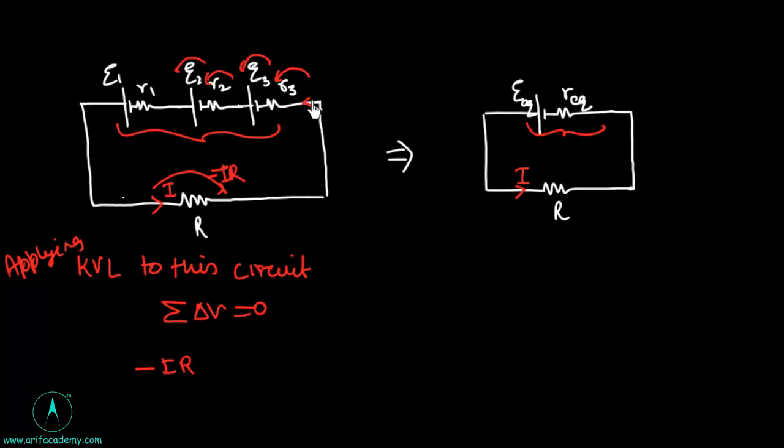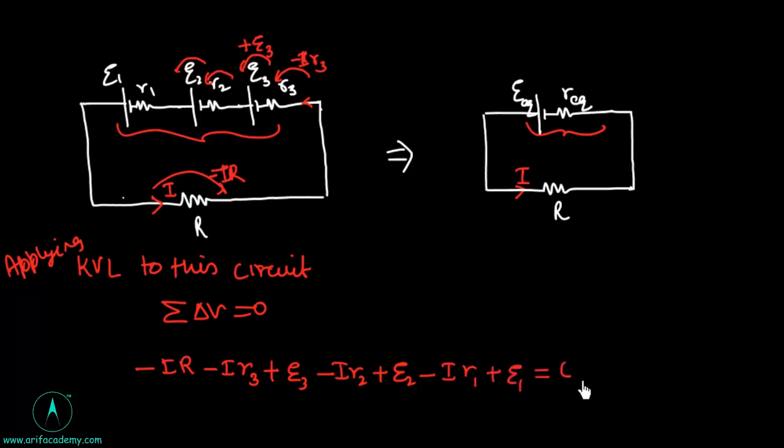So if I go across a resistor, we have a drop of potential, I mean there is a drop of I R3, while there is a rise of potential, so there is a change plus E3, and similar for the others. So we have minus I R3 plus E3 minus I R2 plus E2 minus I R1 plus E1, and that's equal to 0.